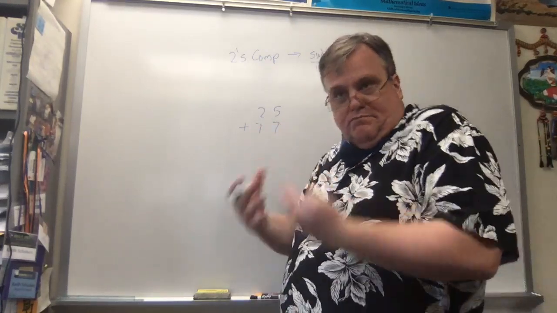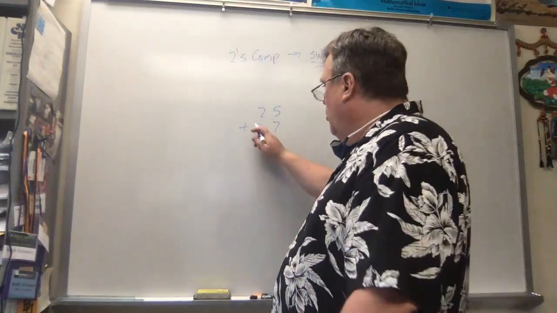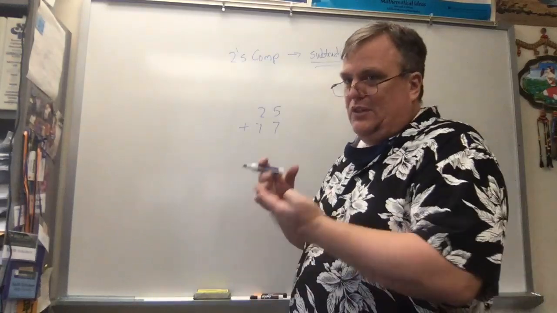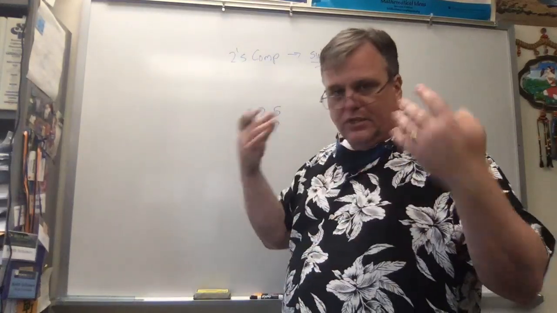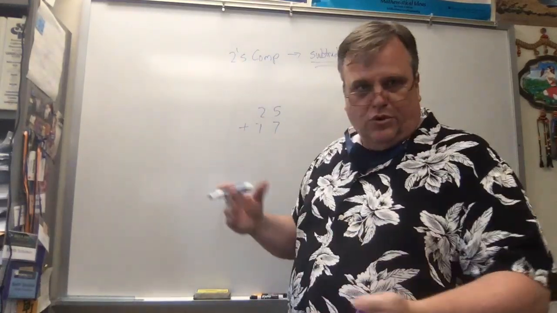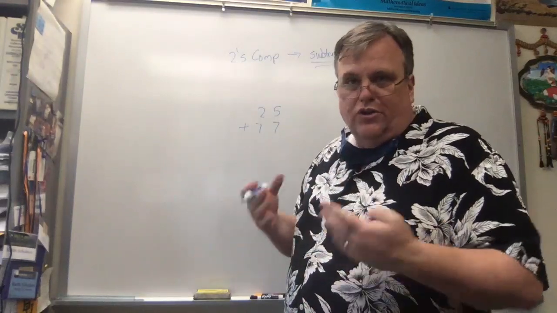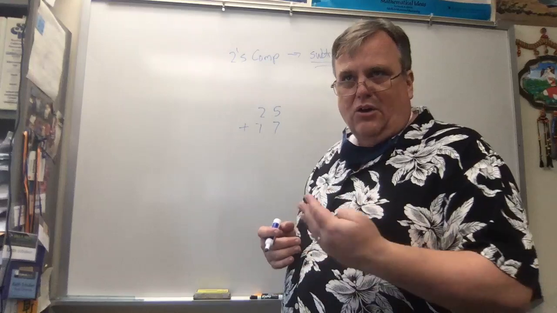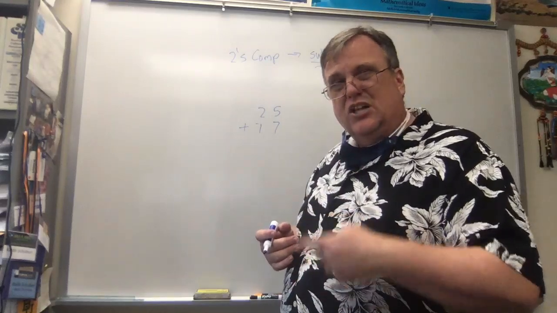So that begs the question then, what does negative 17 look like? Well, we're used to just writing negative 17 as negative 17, and we're human beings, and we just process it. We've learned things, and you don't really even think about it now. Now, what we're going to look at is how can we handle it in a different way.